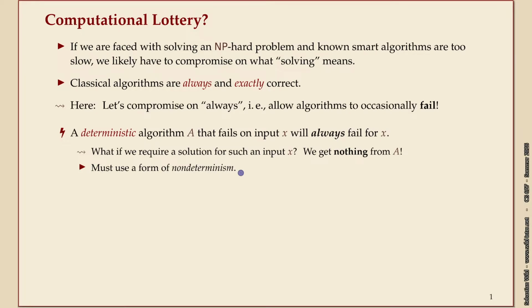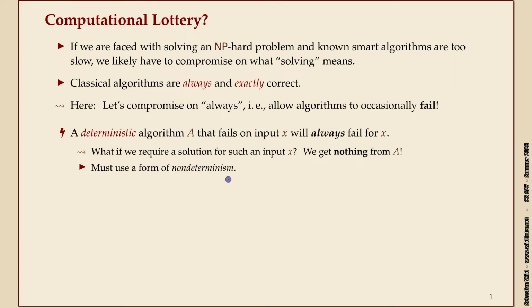So in a way, it's clear we have to do something so that even if I give you the same input again, the next time you run the algorithm, something different will happen. And that's what we call non-determinism, because the algorithm is not deterministic, or the computation is not fully determined just by the algorithm and the input.